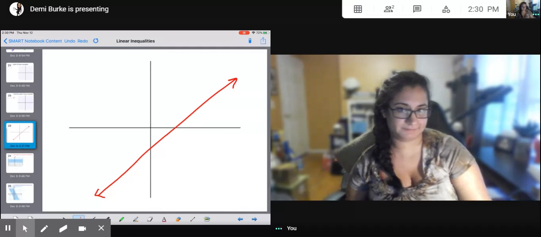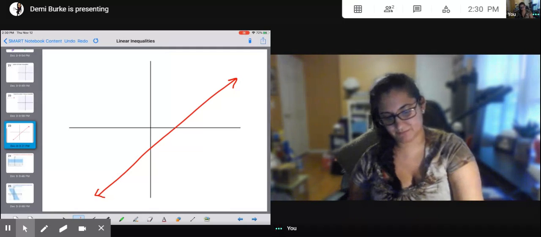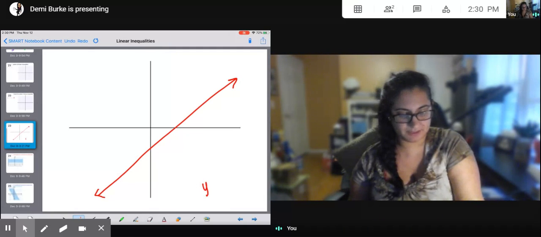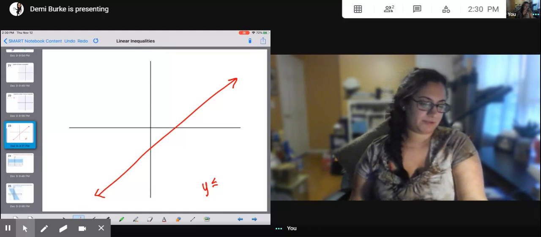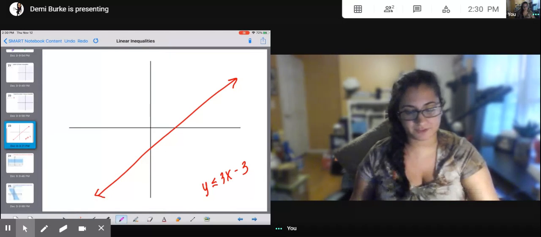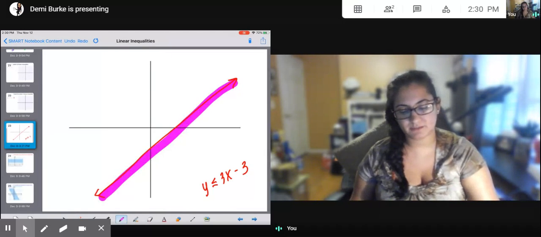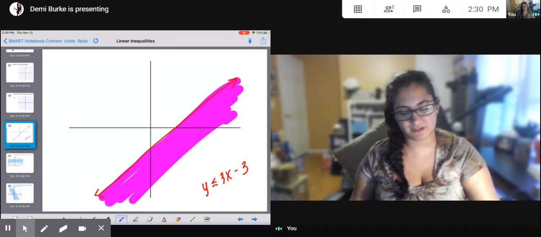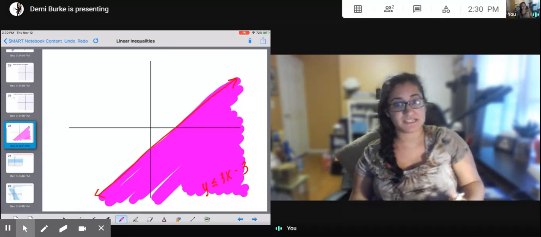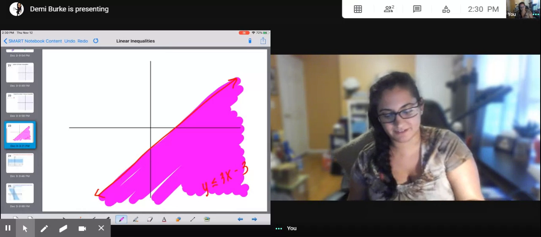Let's say we'll call it y is, I'm just going to make something up, less than or equal to 3x minus 3. Less than or equal to says solid line. Perfect, great. And less than means we shade everything underneath. So all of this, including where I wrote that, everything underneath is going to get done.